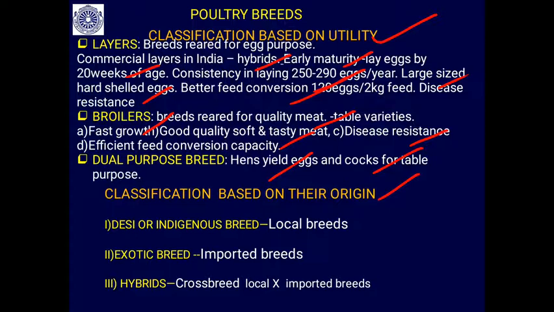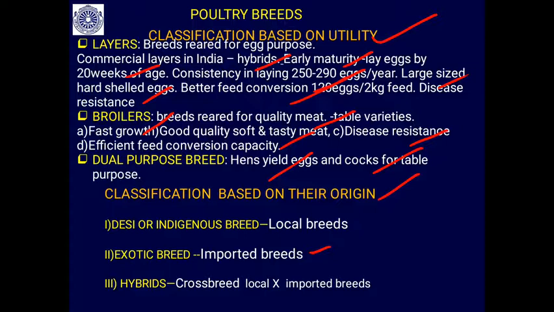There are Desi breeds, or indigenous breeds, or local breeds of India. Then exotic breeds. Now in India, most of the breeds are exotic breeds, or else hybrids, the crossbreeds of the local with the imported breeds.